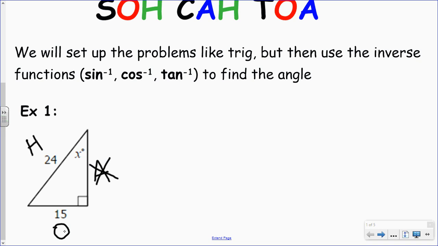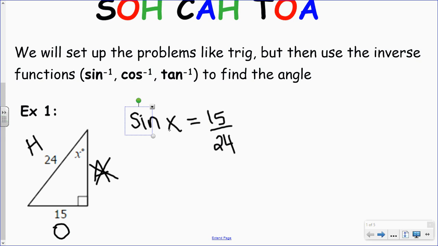So what it's looking like, we have an opposite and a hypotenuse, so we know that's sine. So we're going to set it up like normal. We're going to have sine of the angle, but the angle is x. So we got sine of x is equal to the opposite, which is 15, over the hypotenuse of 24. Okay?